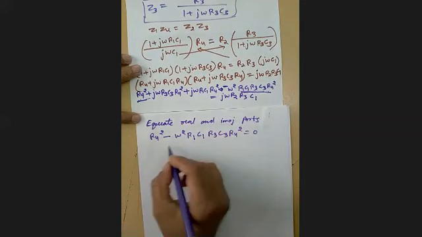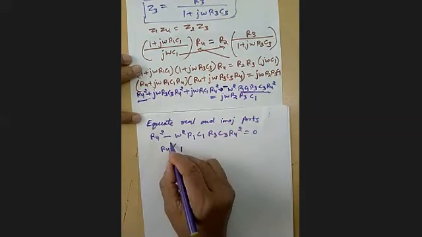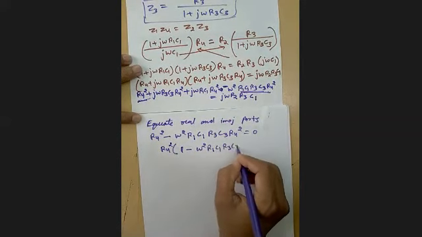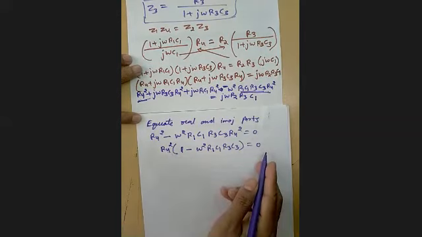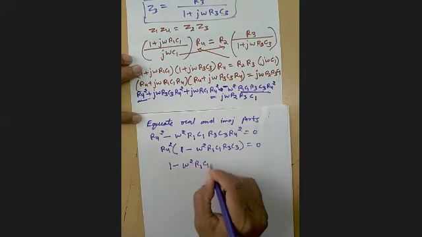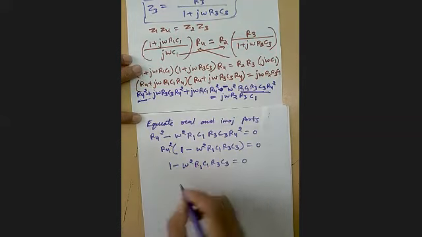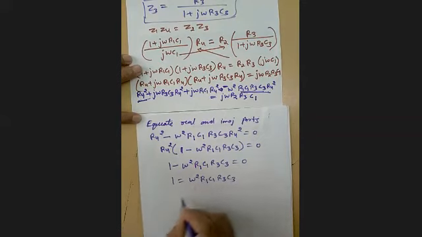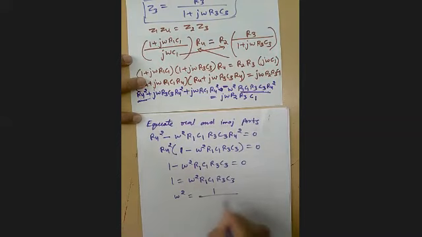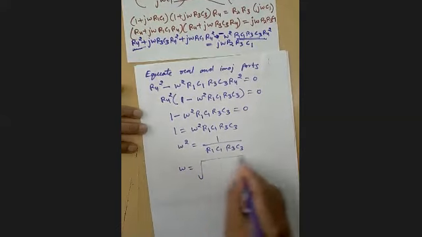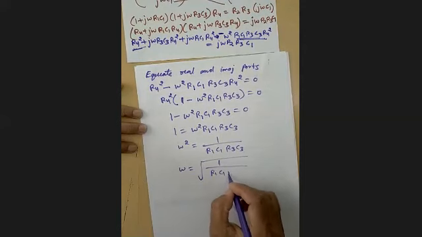Take R4 square as common. So this is 1 minus omega square R1 C1 R3 C3 equal to 0. So 1 equals omega square R1 C1 R3 C3. So omega square is equal to 1 upon R1 C1 R3 C3. So omega is equal to the square root of 1 upon R1 C1 R3 C3.